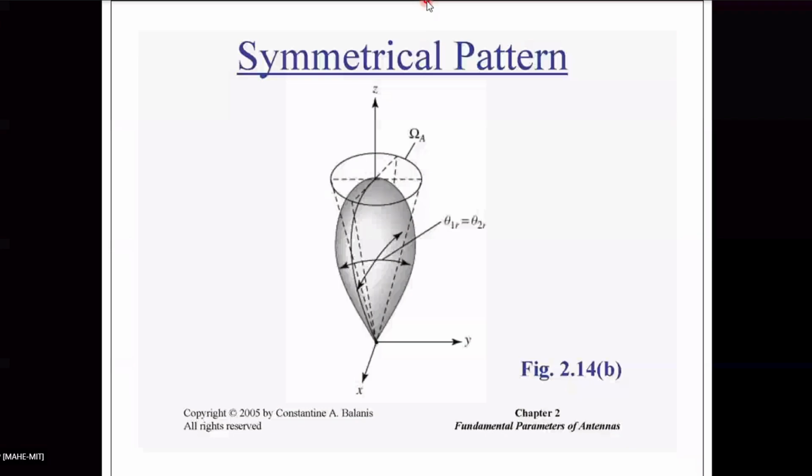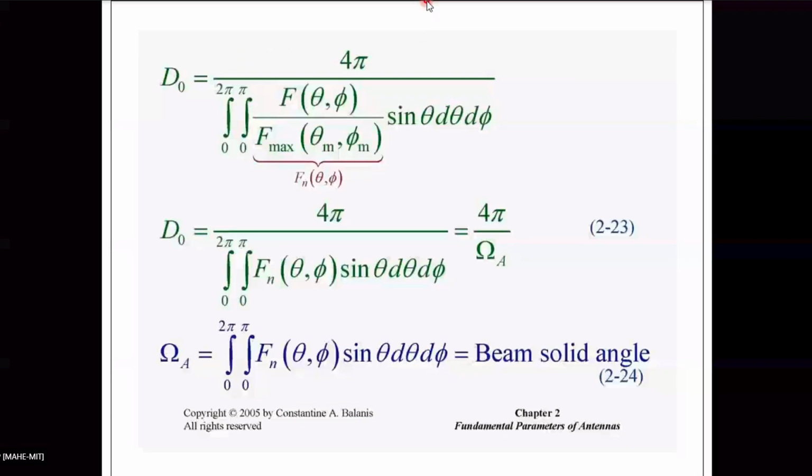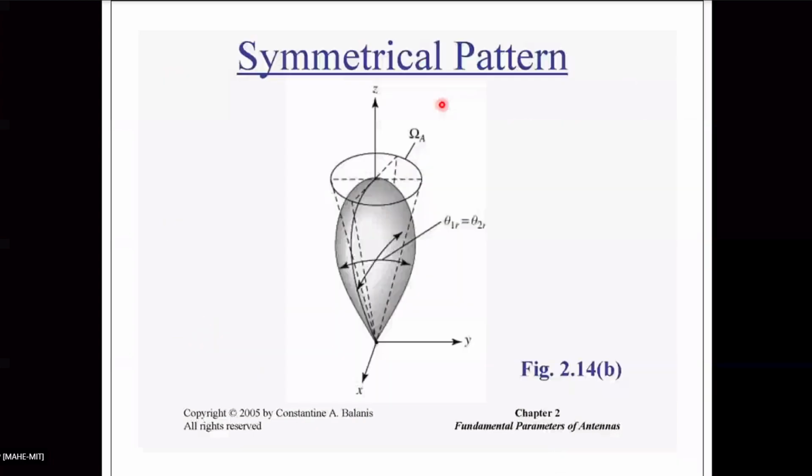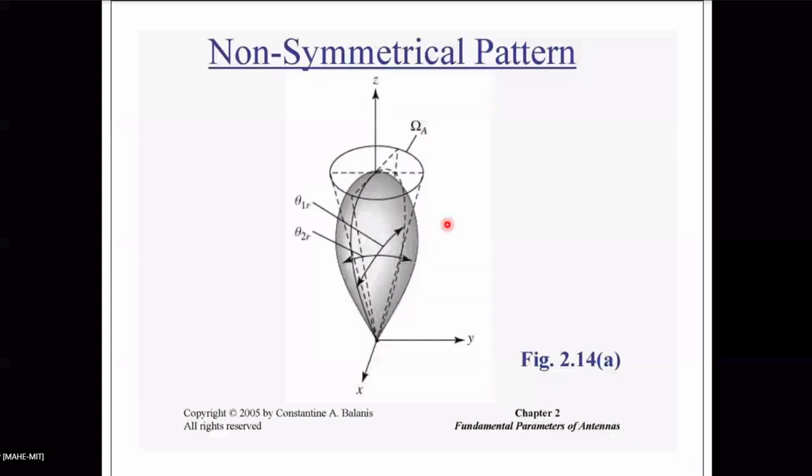Omega A is approximately given by theta 1r into theta 2r. Now this is called a symmetrical pattern, where theta 1r is equal to theta 2r. In the previous slide, it was a non-symmetrical pattern, where theta 1r was not equal to theta 2r.